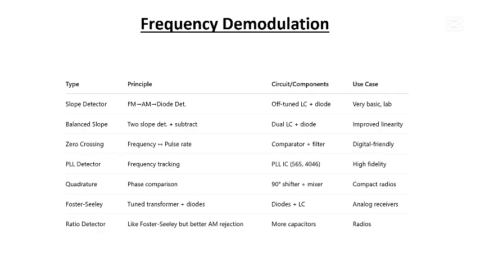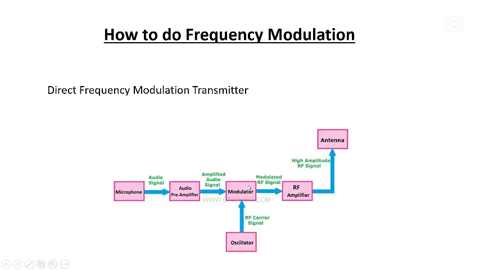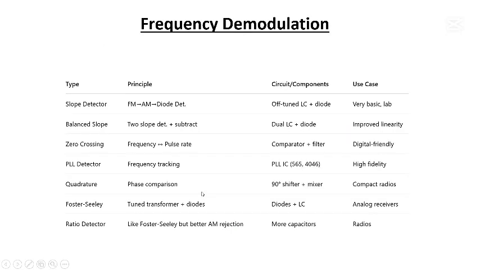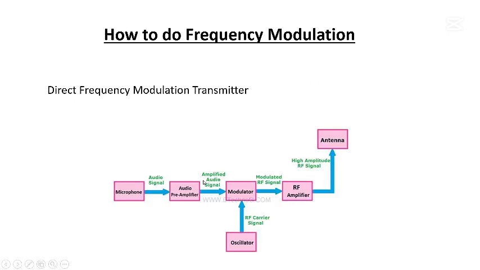You can understand this in this way. In modulation, the frequency changes based on the amplitude of the audio signal. But in demodulation, what will happen? The amplitude will change according to the change in frequency.